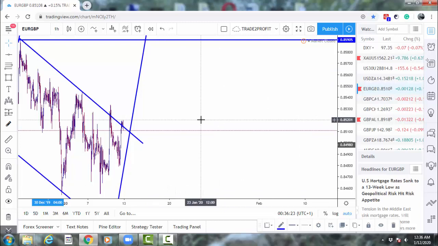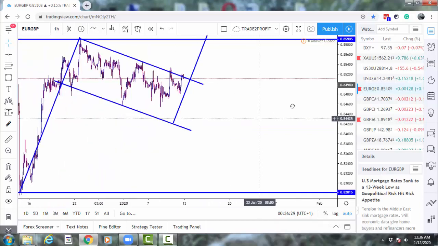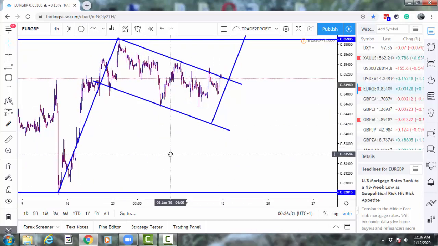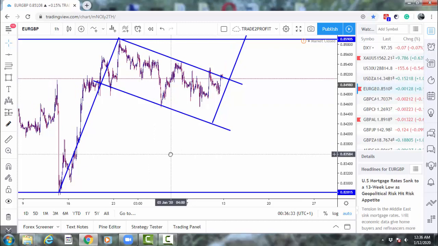You don't need to go biting your fingers, pulling your hair and stuff because you're a trader. All you need is to find ways to keep it simple by understanding how to read price action and market structure. So I hope this really helped a lot of you to trade profitably this week.